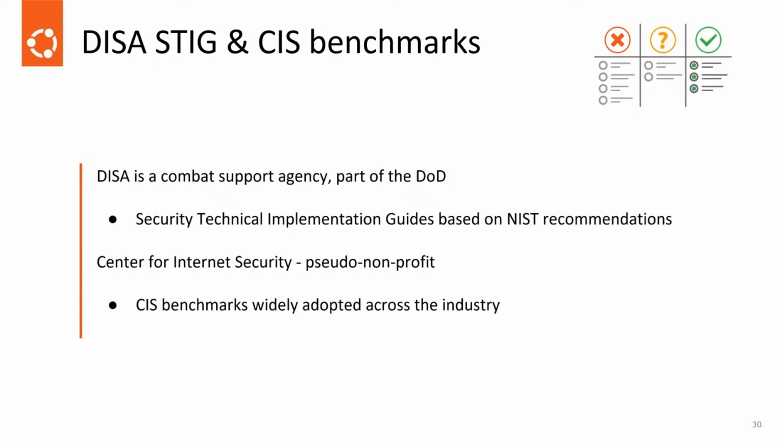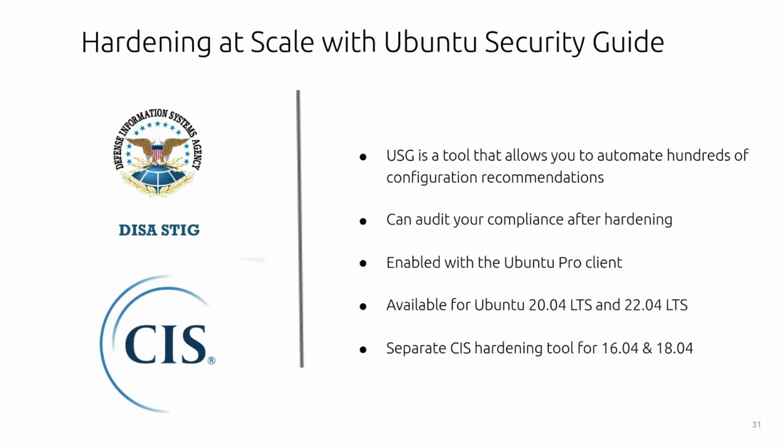And for CIS, the Center for Internet Security, it provides CIS benchmarks, and they have become very widely adopted across the industry, so much so that we have decided to provide for Ubuntu users a tool that allows them to automate the auditing of their systems, so that they know in which ways they are compliant with CIS benchmarks and in which ways they are not. And we automate the auditing, and we automate the application of the hardening policies to an Ubuntu system.